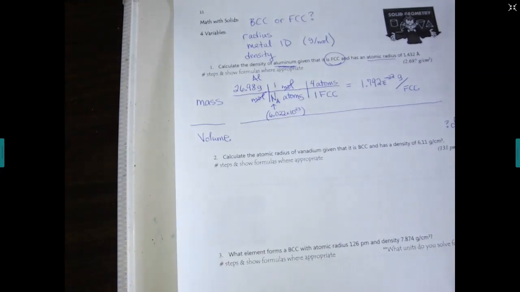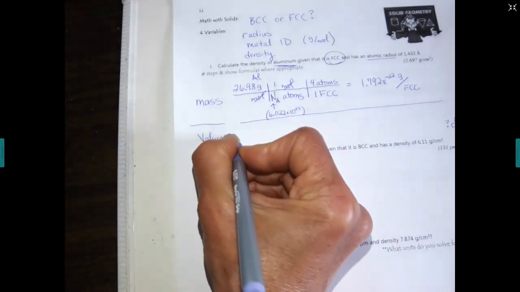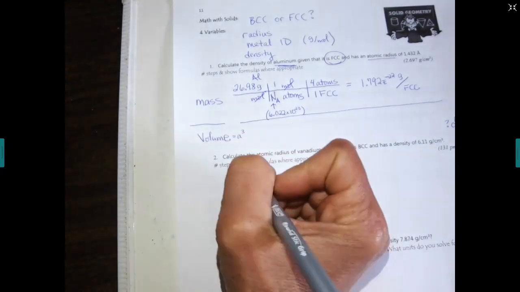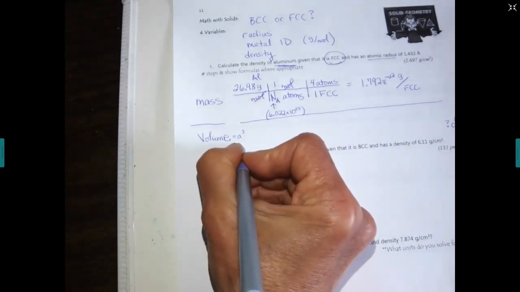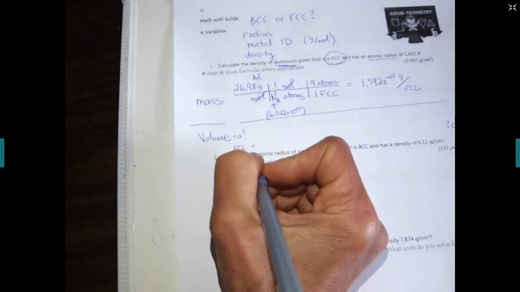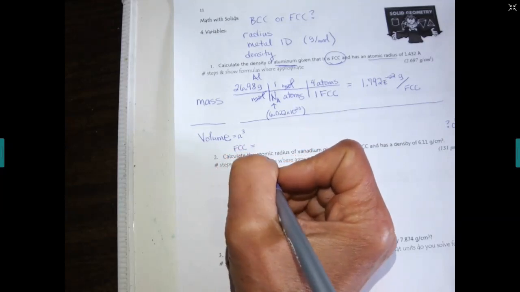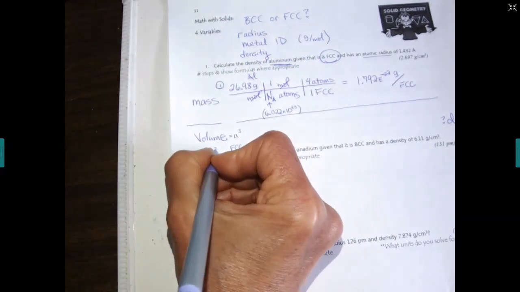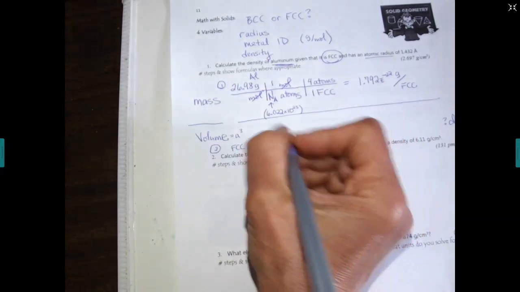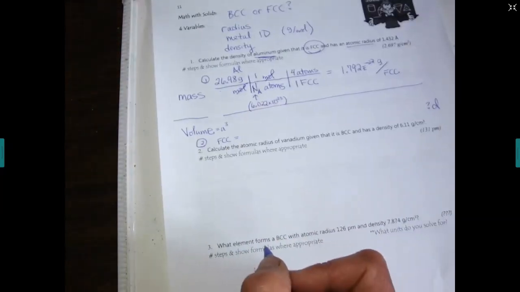The volume, since we're working with a cube, is always equal to A cubed. So it's FCC, and we know this little formula. This was my step 1. Here we're going to do my step 2. And then I'll also show you how to do it in one step.